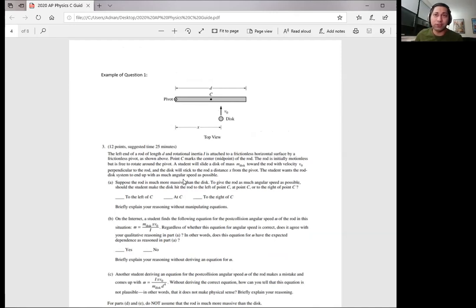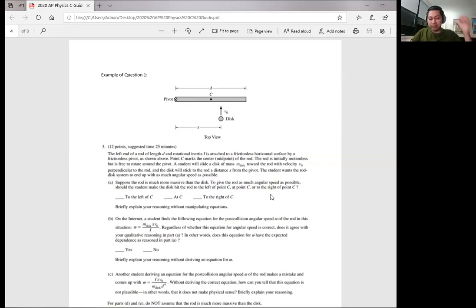For example, this first question, it says, suppose a rod is much more massive than the disk. To give the rod as much angular speed as possible, should the student make the disk hit the rod at the left of C, at C, or to the right of C? And so we're not going to write down, well, torque is equal to this and it's this distance away.